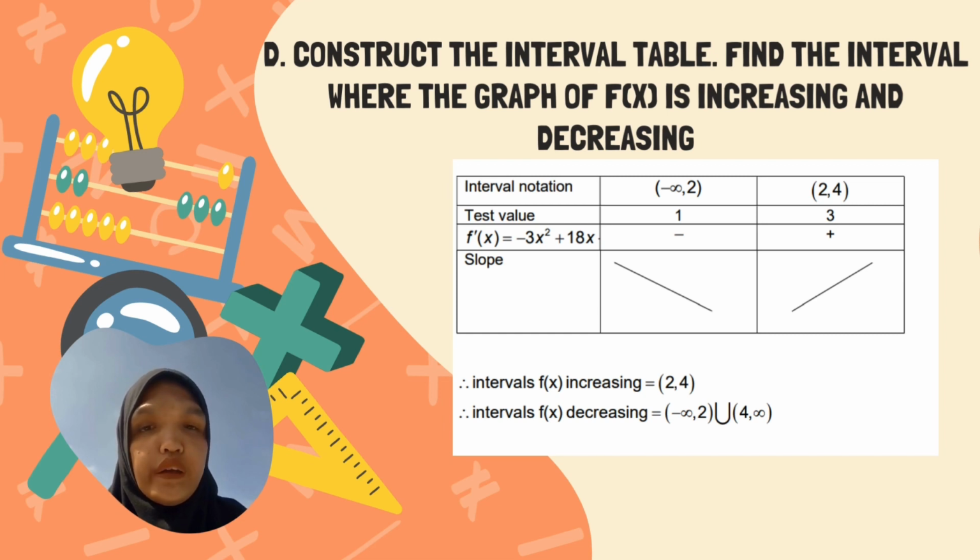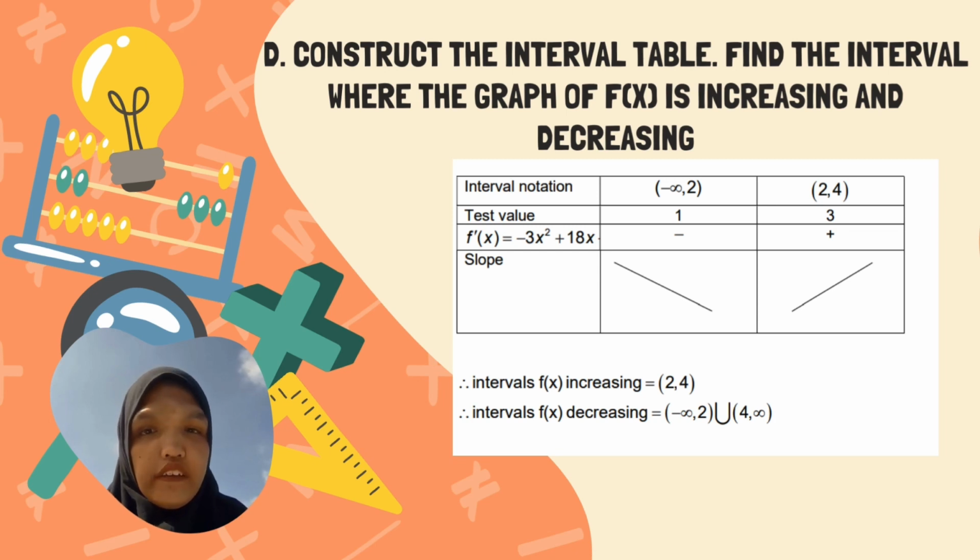How we want to know if it is negative or positive is by substituting the test value into the equation f prime x, which is negative 3x to the power of 2 plus 18x. We need to substitute the x with 1 to get the answer, is it positive or negative. So for negative infinity to 2, we will get negative, while for 2 to 4 we will get positive.